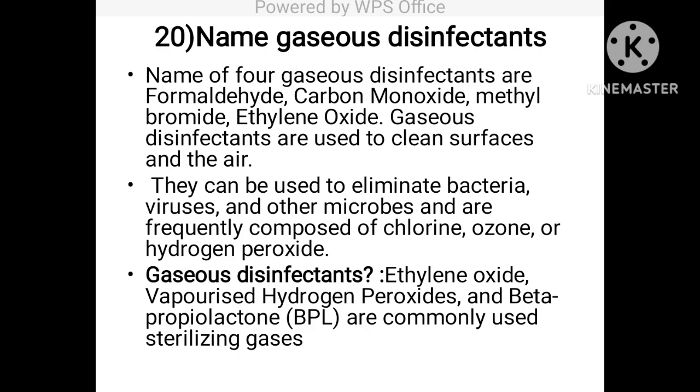Question number 20. Name gaseous disinfectants. Four gases are there: formaldehyde, carbon monoxide, methylene bromide, ethylene oxide. To disinfect and clean surfaces and the air, they can be used to eliminate bacteria, viruses and other microbes, and are frequently composed of chlorine, ozone and hydrogen peroxide.